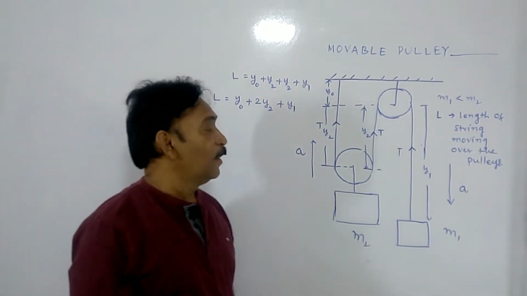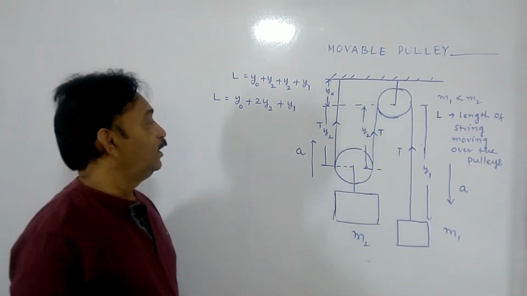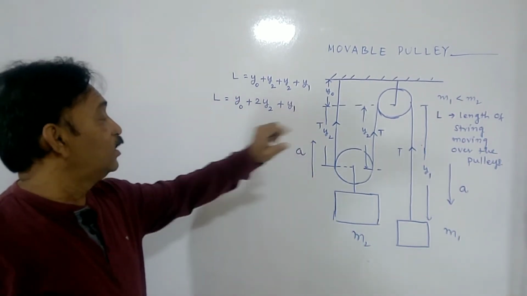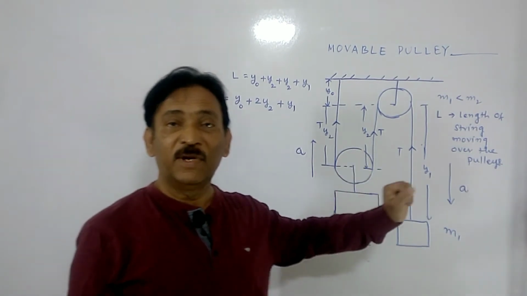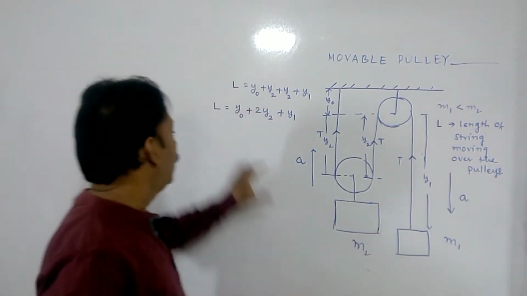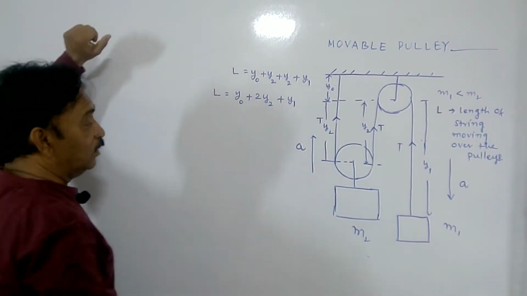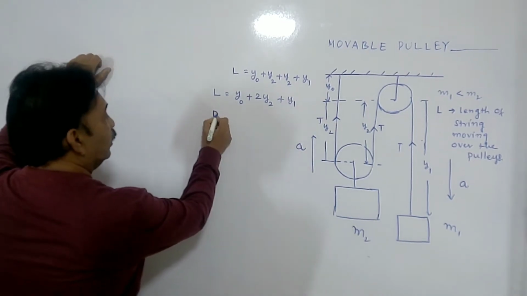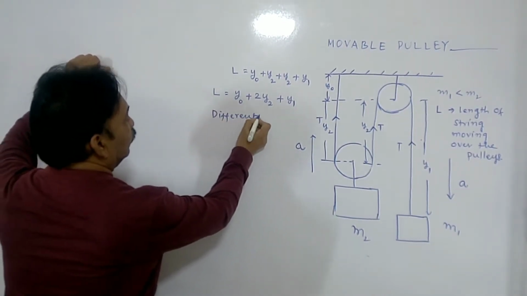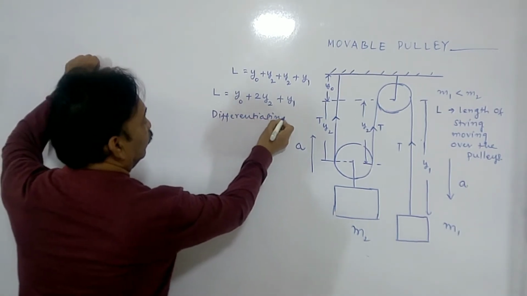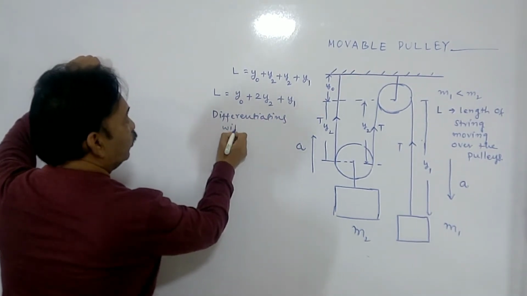This is the total length of the string, students. Here it is all happening in a given interval of time, so we differentiate this length with respect to time.